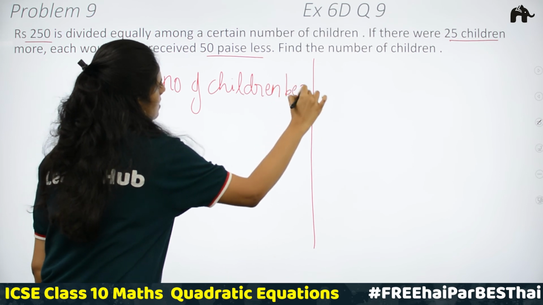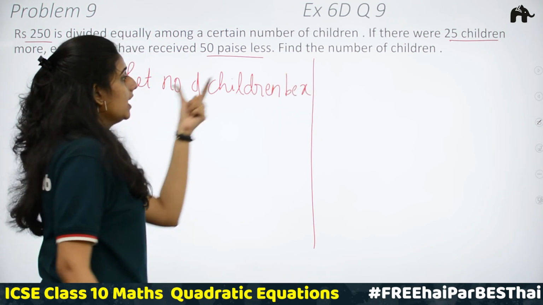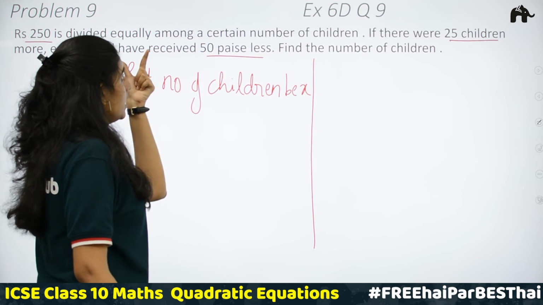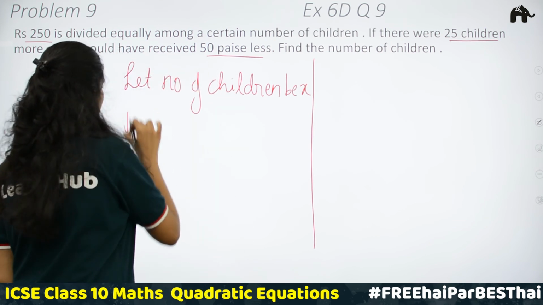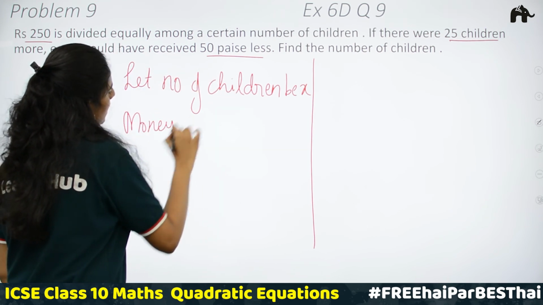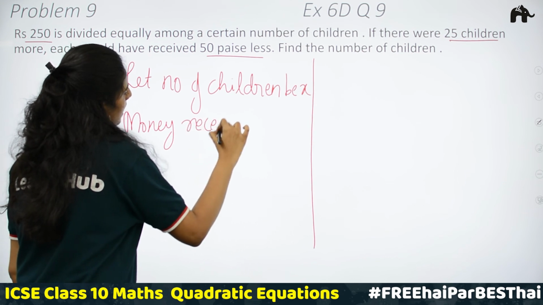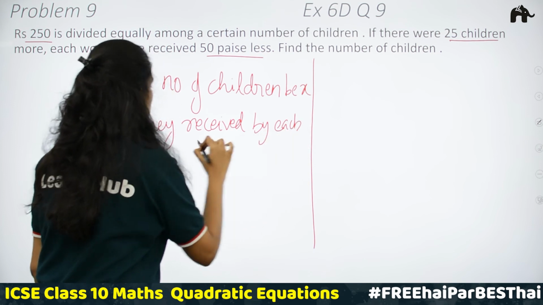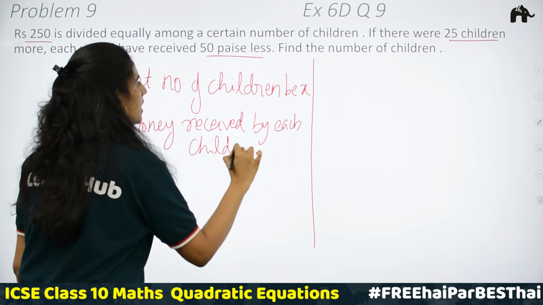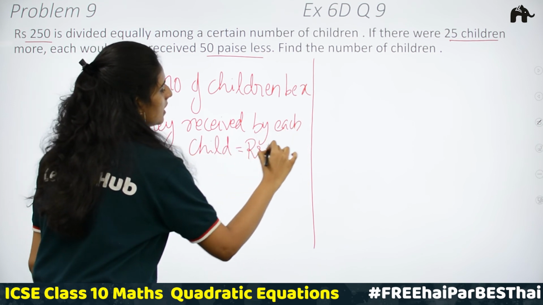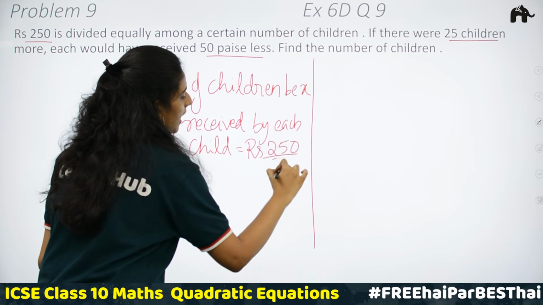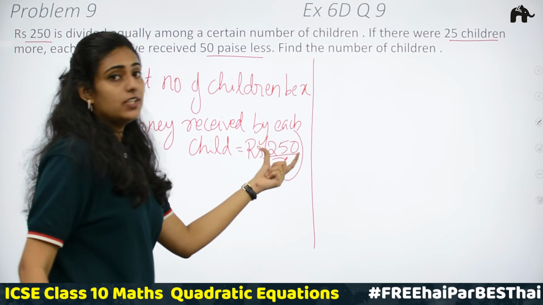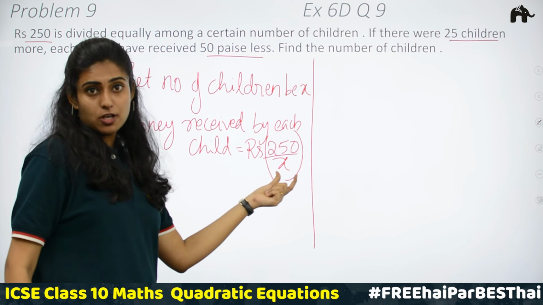If there are x number of children and this 250 rupees is divided, the money received by each child will be equal to rupees 250 divided by x. Rupees 250 is divided among x number of children.